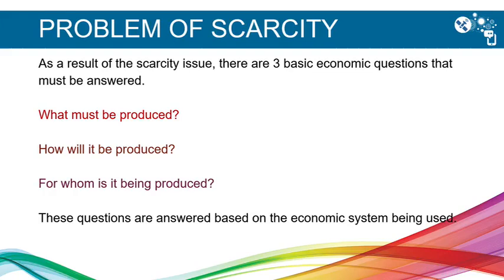Who is going to be buying these goods and services, right? And the way in which these questions are answered is based on the economic system that is being employed.